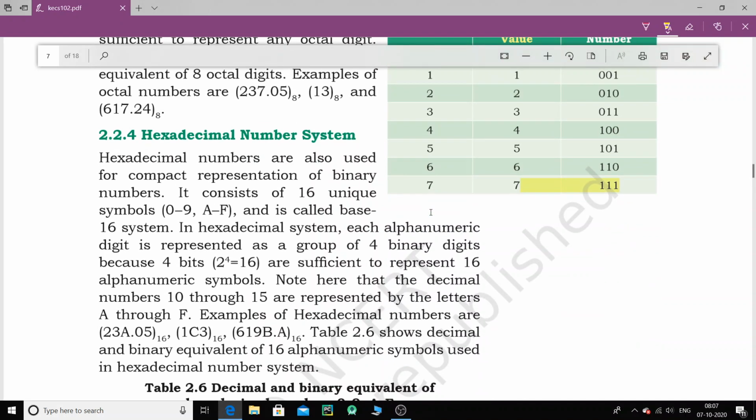Then comes the hexadecimal number system, which is also used for compact representation of binary numbers. It consists of 16 unique symbols and is called base 16 because there are 16 symbols, from 0 to 9, followed by A to F. In the hexadecimal system, each alphanumeric digit is represented as a group of 4 binary digits. 2 raised to 4 is 16, which is sufficient to represent 16 alphanumeric symbols.